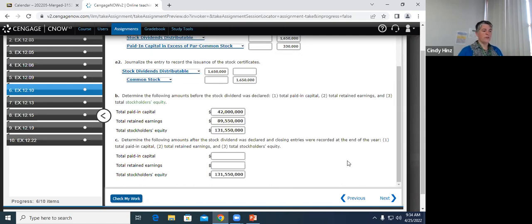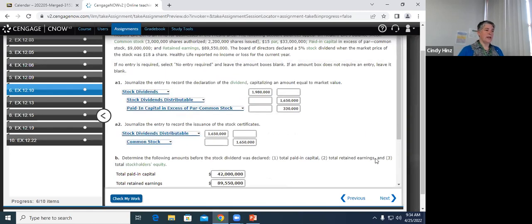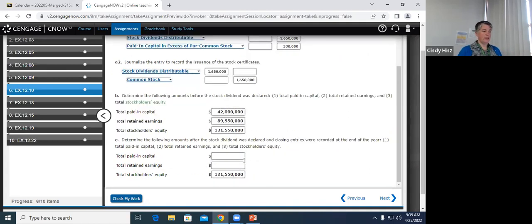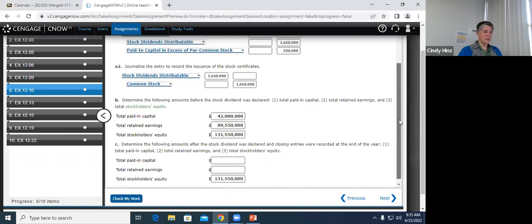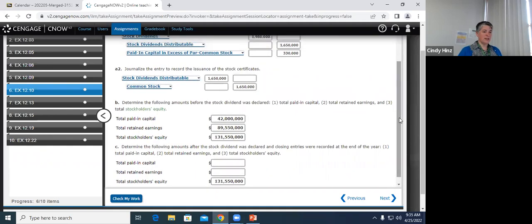We already know that the total equity remains unchanged. But because it's a small stock dividend, we moved the fair market value of $18 per share out of retained earnings and into contributed or paid in capital. So the total value, $18 per share times the 110,000 shares we were going to issue, is right here, 1,980,000.